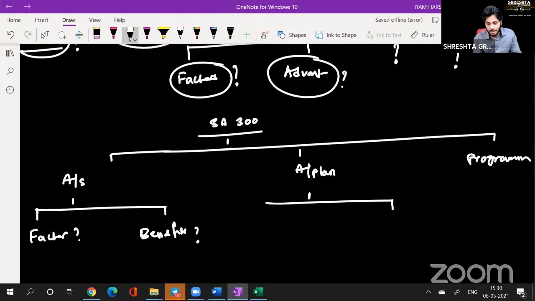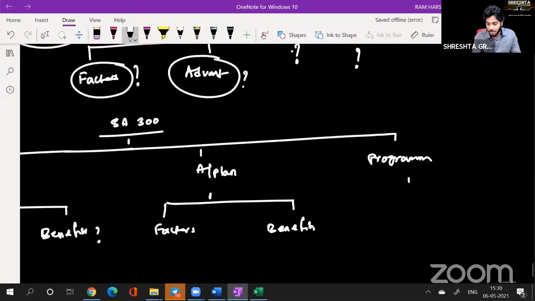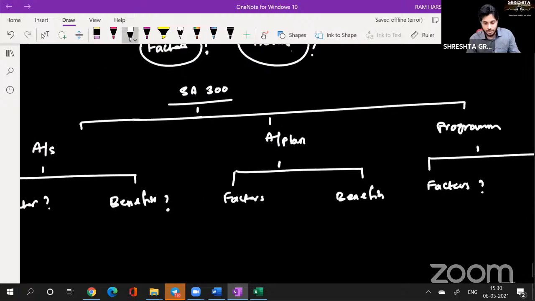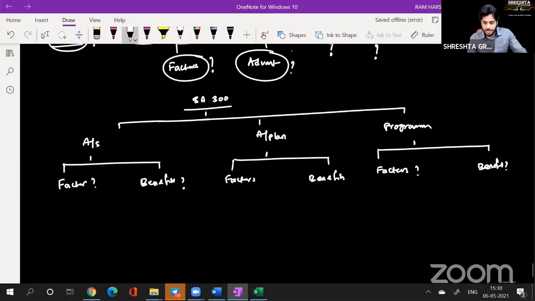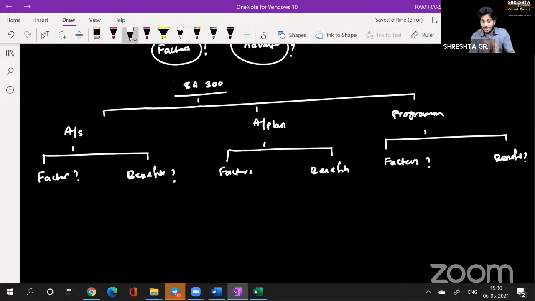For the audit plan, we are going to look at factors and then benefits. And for the program, we are going to look at factors and then benefits. So three different concepts, and each concept has two different questions.